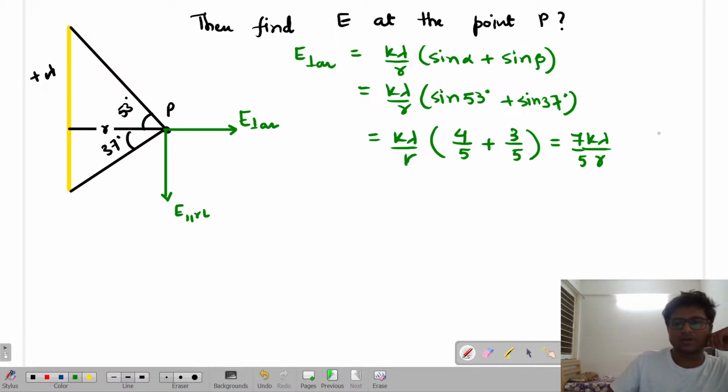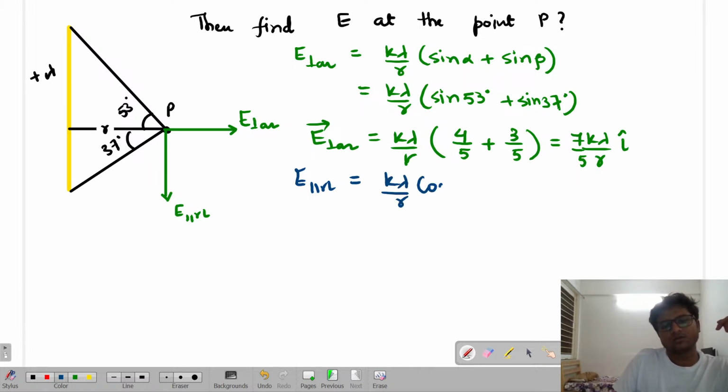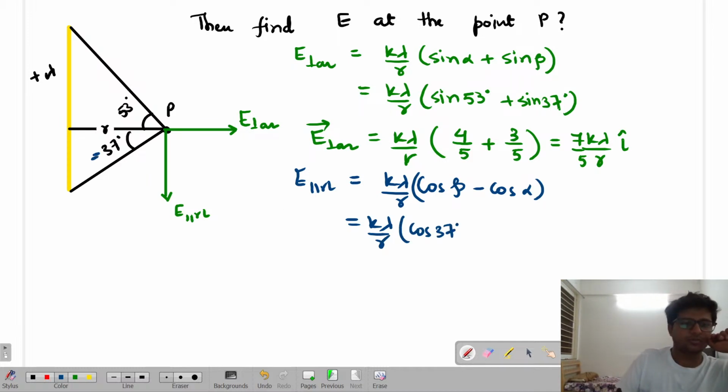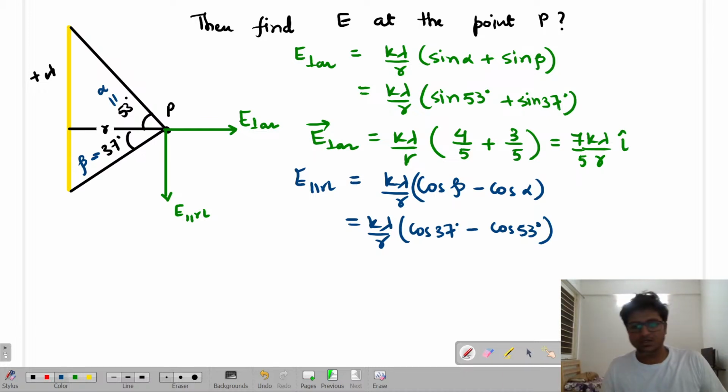Is this E perpendicular along the i cap direction? Similarly, I can find E parallel. It is k lambda by r times cos beta minus cos alpha. This is my term. Cos beta is cos 37, because this is going to be beta and this is going to be alpha. So cos 37 minus cos 53. Are you able to get me?